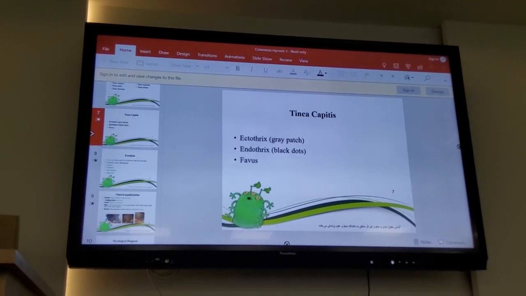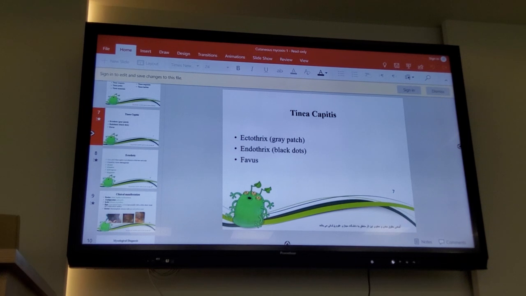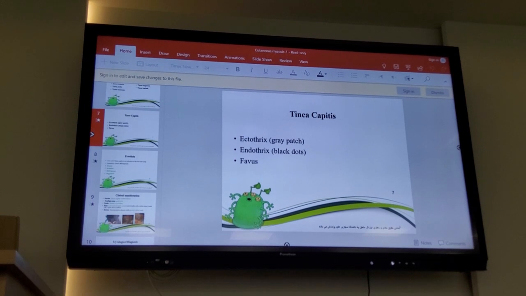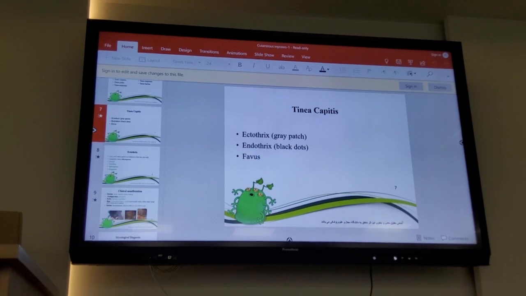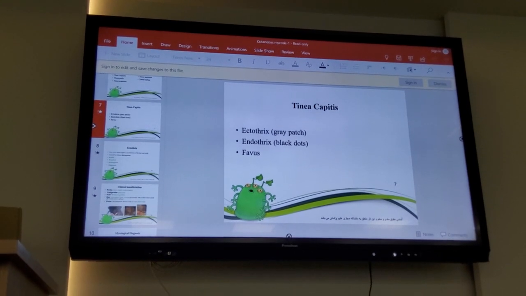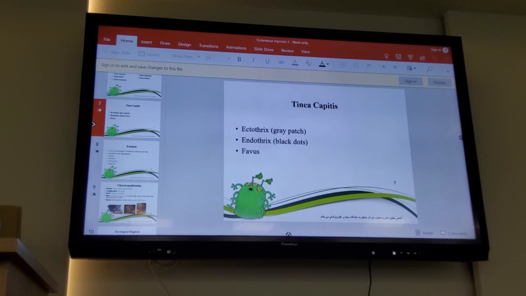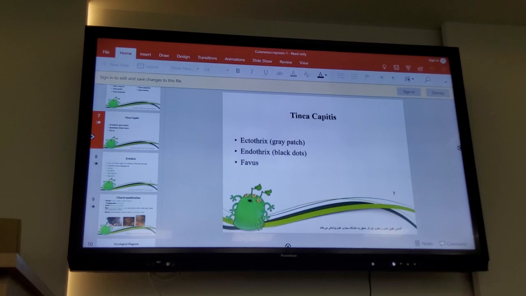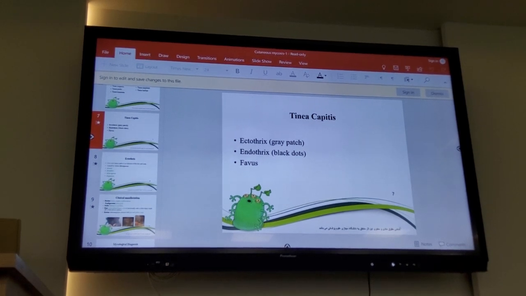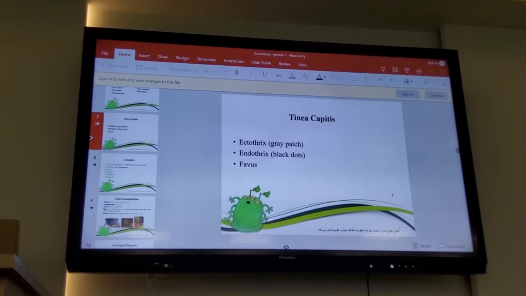In rate of infection, is there a difference between boys and girls in number? Which one? The girl is more, based on the type of tinea capitis. Ectothrix involves both groups, girls and boys.